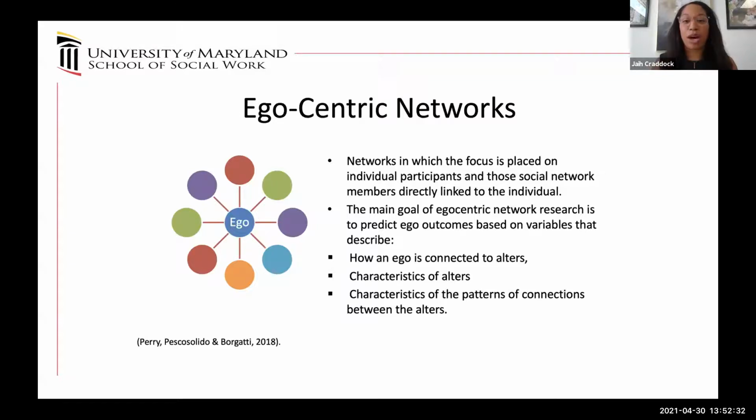The main goal of egocentric network research is to predict the outcome of the ego, so the person, your participant or your client. We're looking at how these interactions with others impact their own knowledge, their own decision-making, their own behaviors.